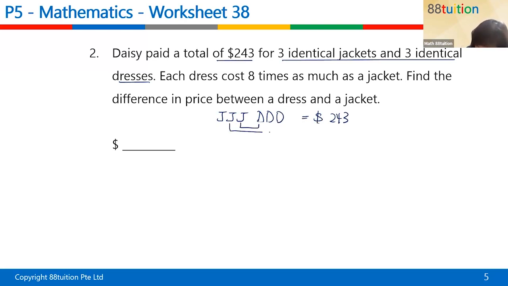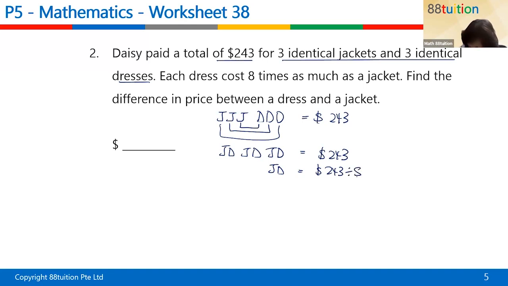So what I can do here is match them into JD, and JD will be 243. So if for JD one set, I can find one set first. And that gives me 81 for J and D, right?